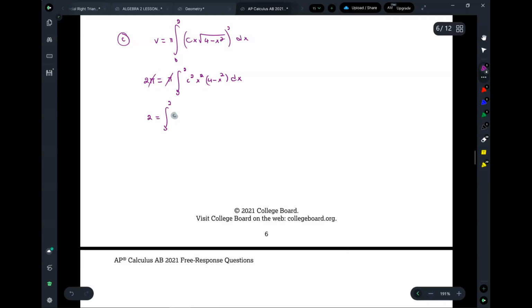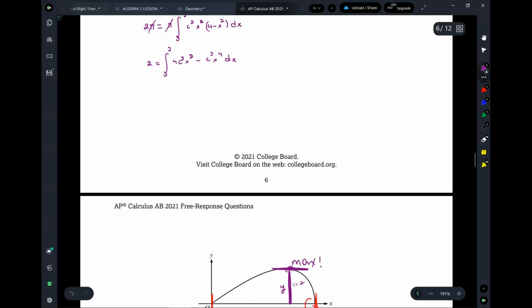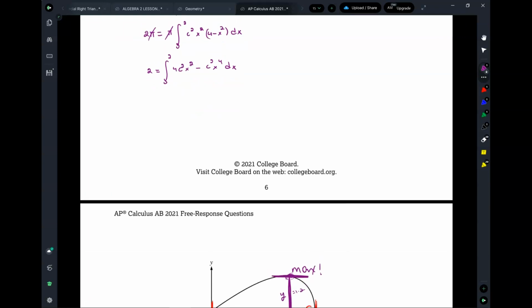Let's distribute: 4c squared x squared minus c squared x to the 4 dx. Now we can integrate this. So 2 is 4c squared x cubed over 3 minus c squared x to the 5 over 5, from 0 to 2.